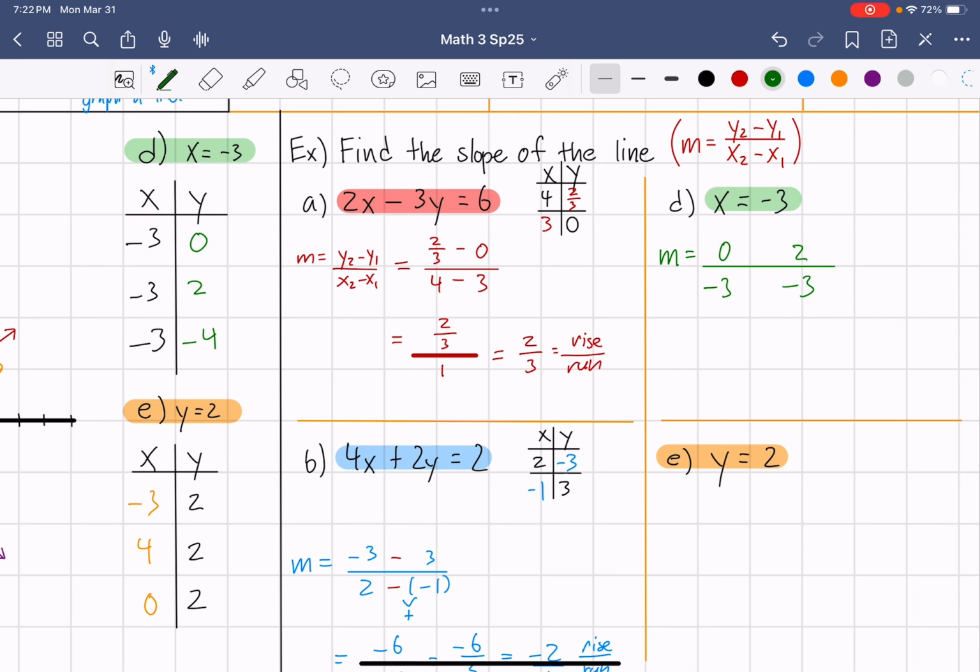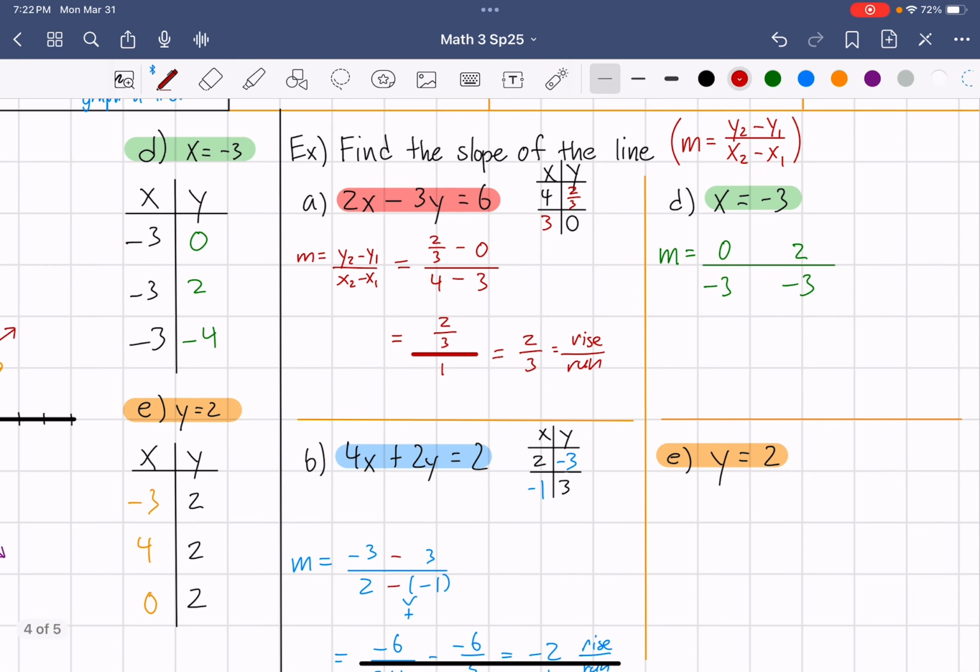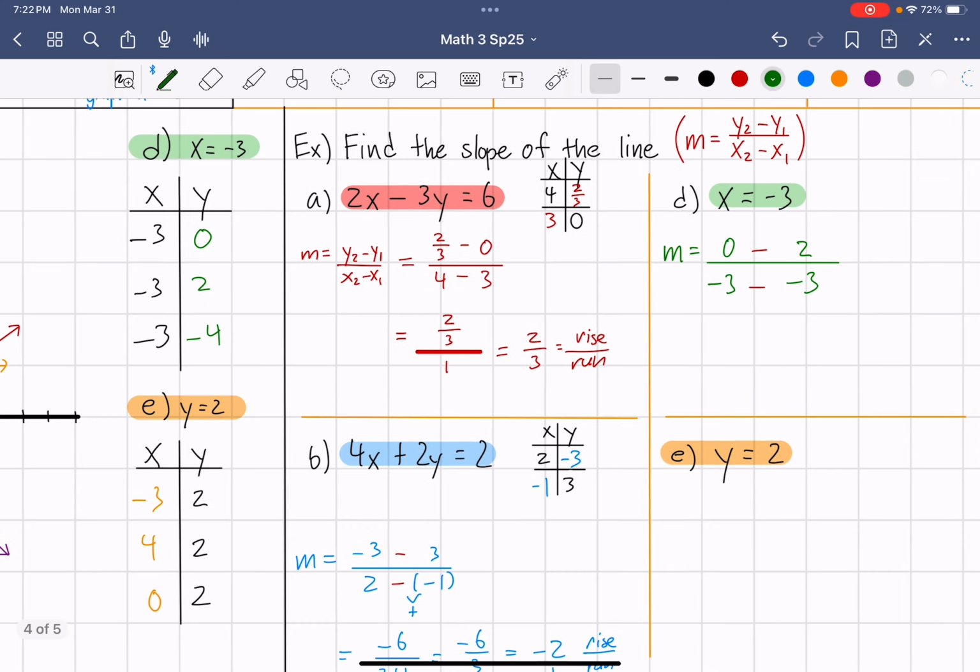But they have to subtract each other. Now you want to be careful with this negative, negative, so you might want to put it in parentheses, because those two negatives become positive. And then you're going to have negative 2 in the numerator, because 0 minus 2 is negative 2.